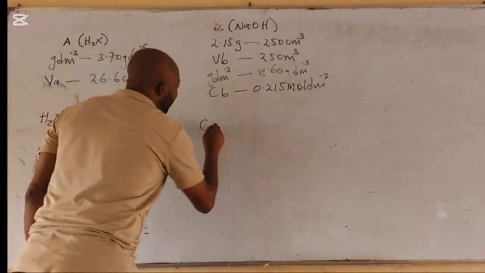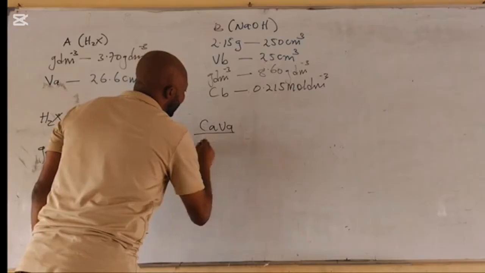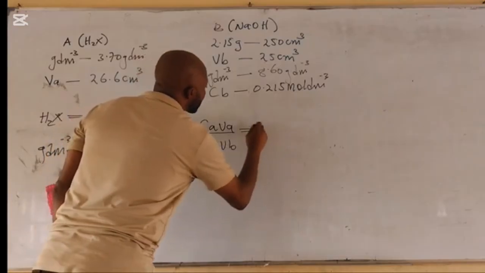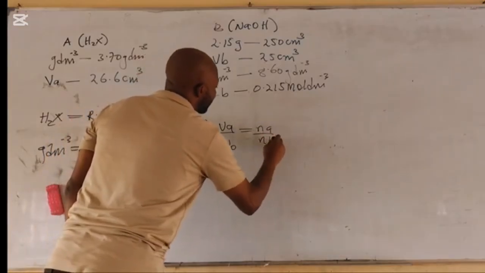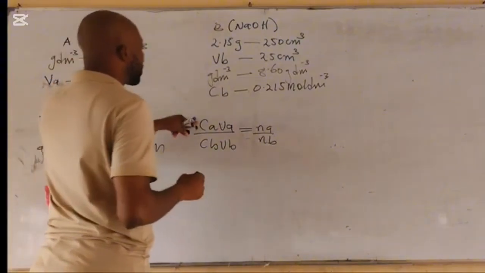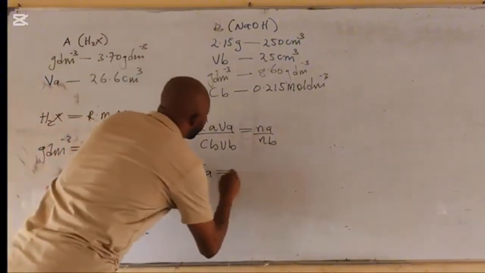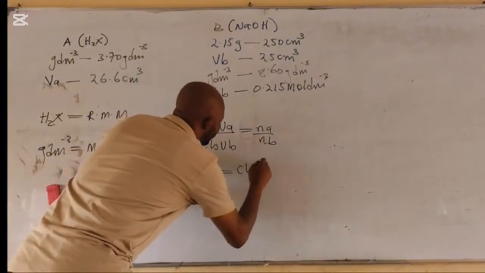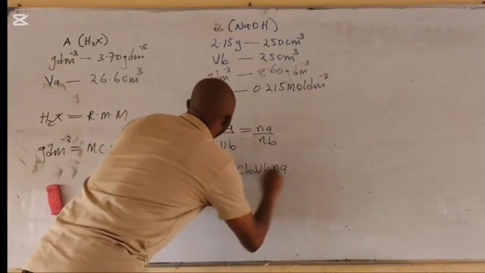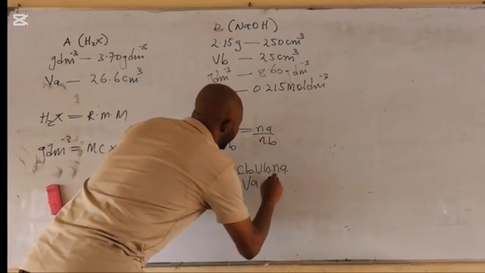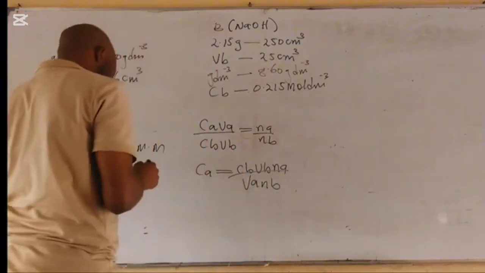We have CAVA over CBVB is equal to NA over NB. I'm looking for the concentration of the acid right now. So I have my CA would be CBVBNA over VANB. So this is what I have.